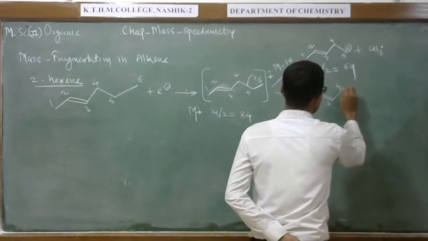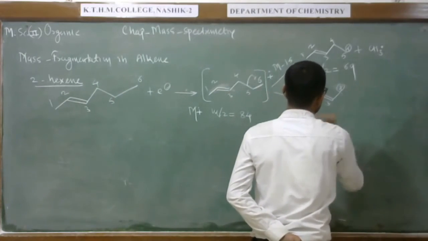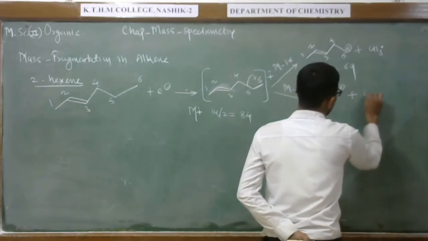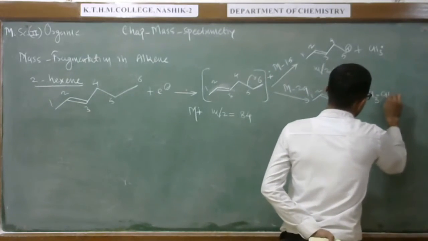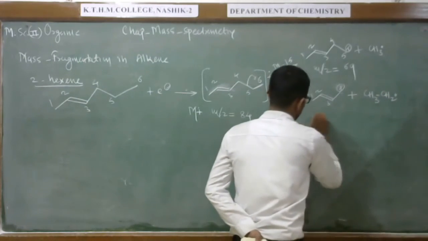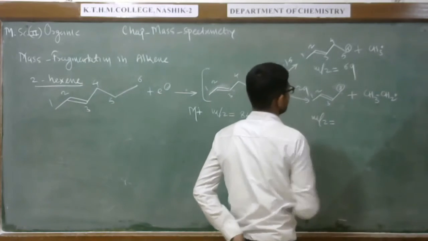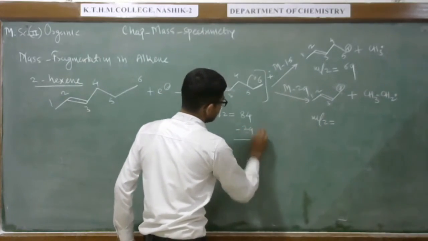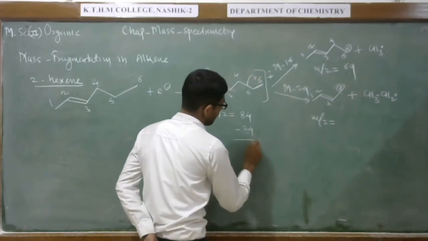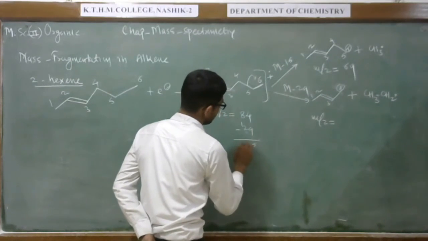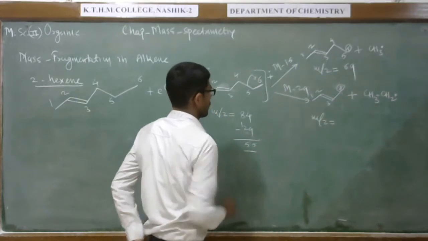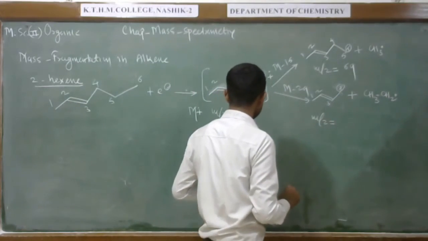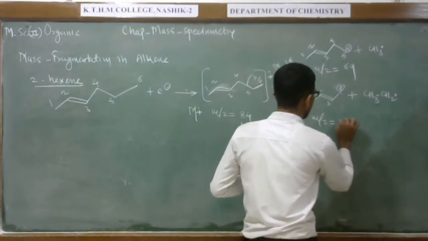So carbon number 4 carries the positive charge with loss of ethyl as a radical. So this peak we can observe at mass to charge ratio 84 minus 29. This value comes out to be 55.